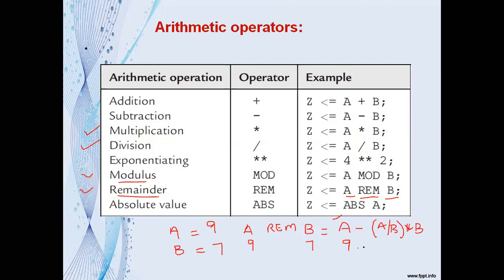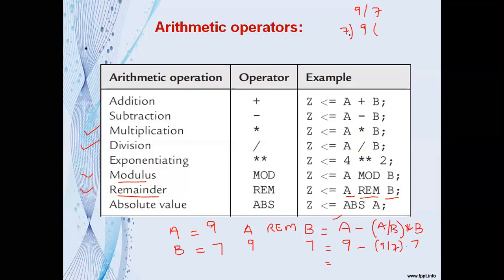A is 9, A by B is 9 by 7, and B is 7. What value can you expect here? In a general way, if you take 9 by 7, what is the quotient and what is the remainder?